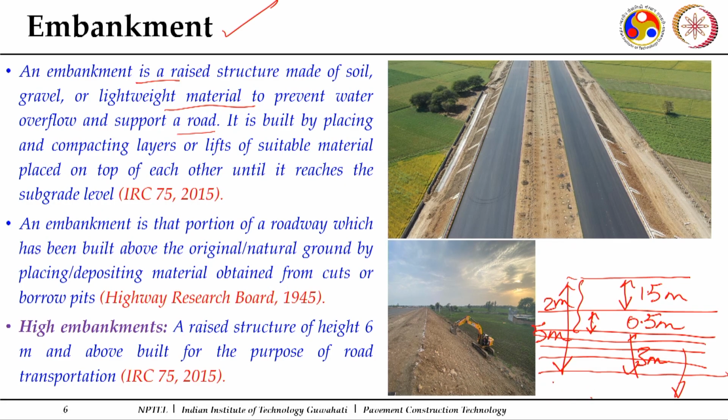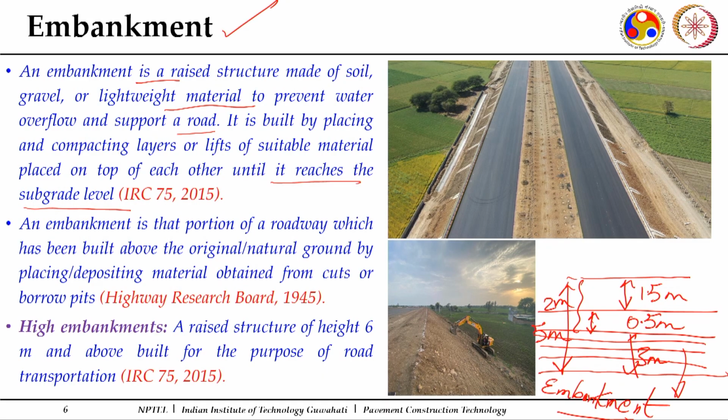The definition says it is built by placing and compacting layers or lifts of suitable materials on top of each other until it reaches the subgrade level, and all these layers are to be constructed using a selected material in a selected thickness and properly compacted to achieve a desired density. Desired density will give you the desired requirements of strength also.